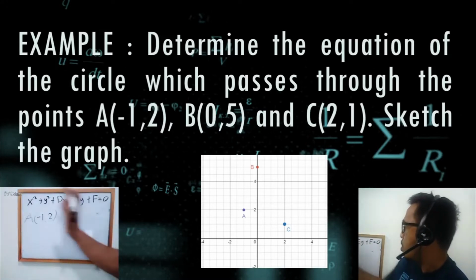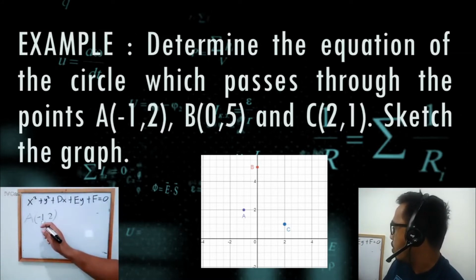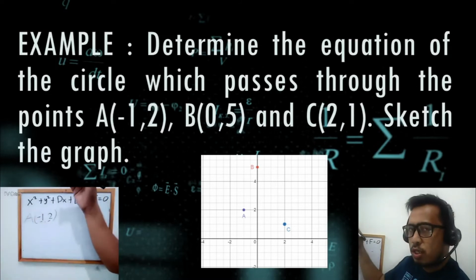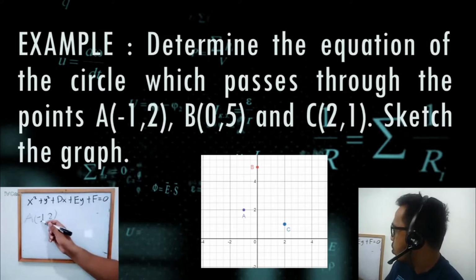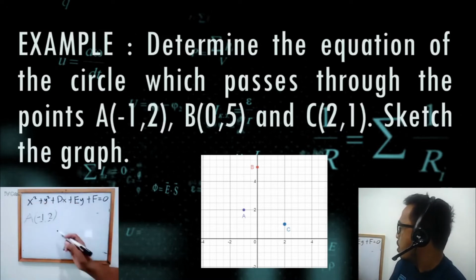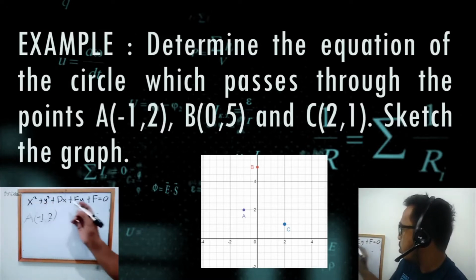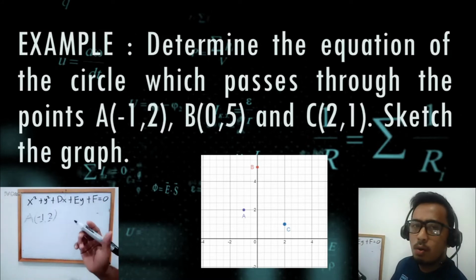So we will substitute it here. This is the value for x, this is the value of y. This point satisfies your equation because this is one of the points of your circle. So the abscissa will be substituted to x, while the ordinate will be substituted to our y.